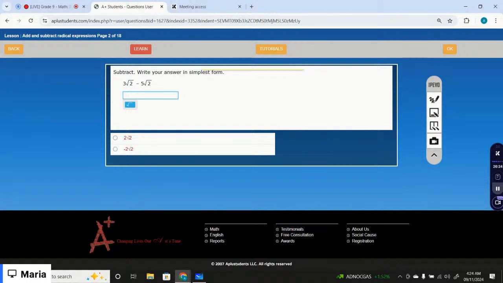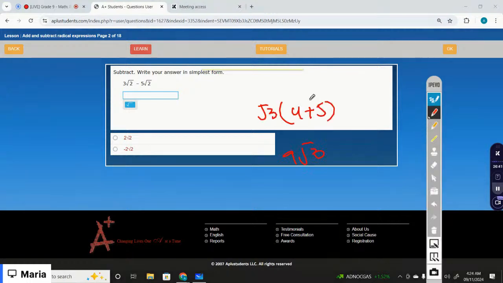3 square root 2 minus 5 square root 2. Which is the correct option? The correct option is, take square root 2 common. You are left with 3 minus 5.